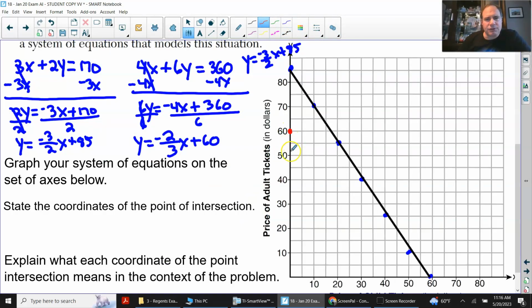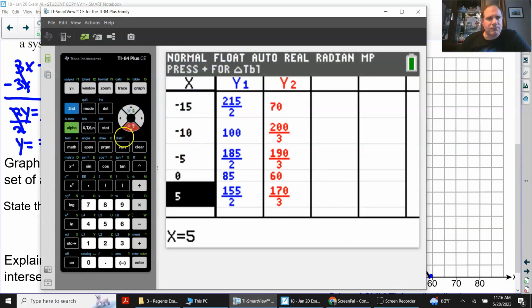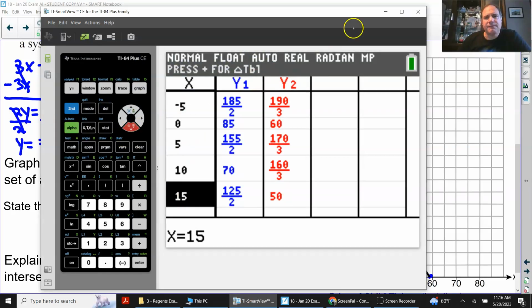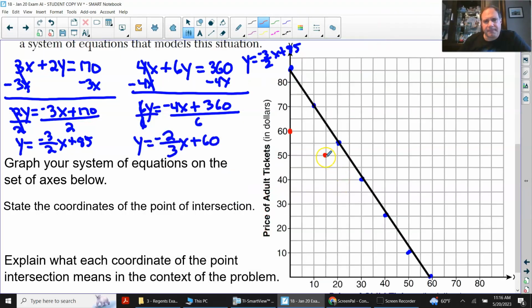And I'm going to go down 2 and to the right 3. And really, that's not down 2, I mean, it's down 10. Let me just check to see if that's correct because I'm not sure here. So this is 10, 15, 50. Yes. 15, 50. So down 2 and to the right 3.